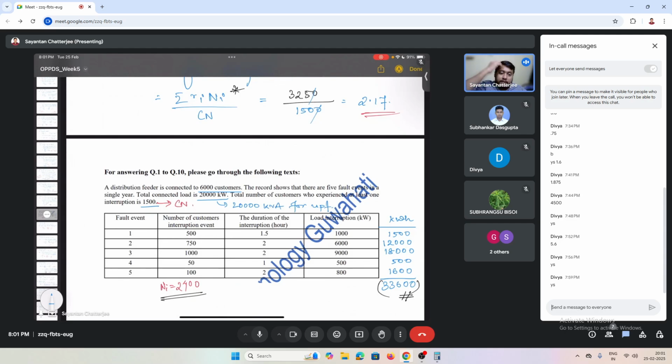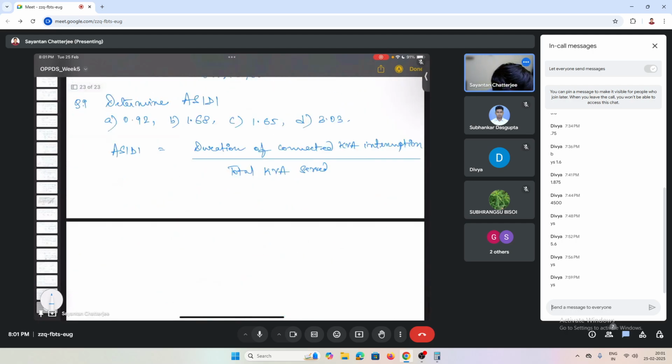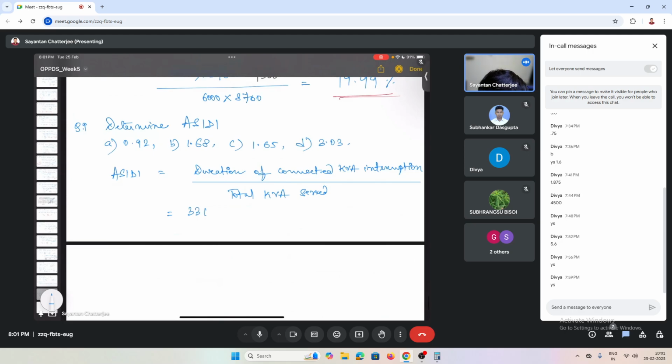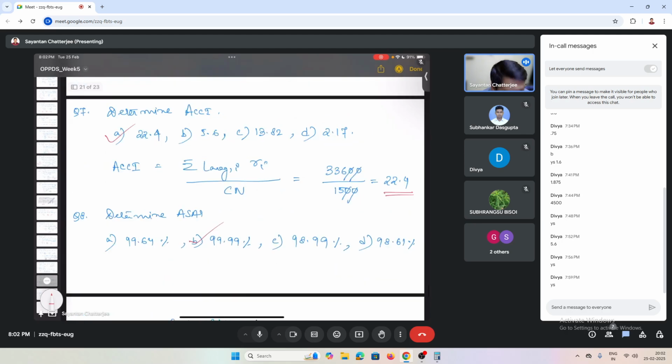So 20,000 kVA and 33600. So 33600 by 20,000. So yes, 1.68 is coming. So is it matching your answer too?